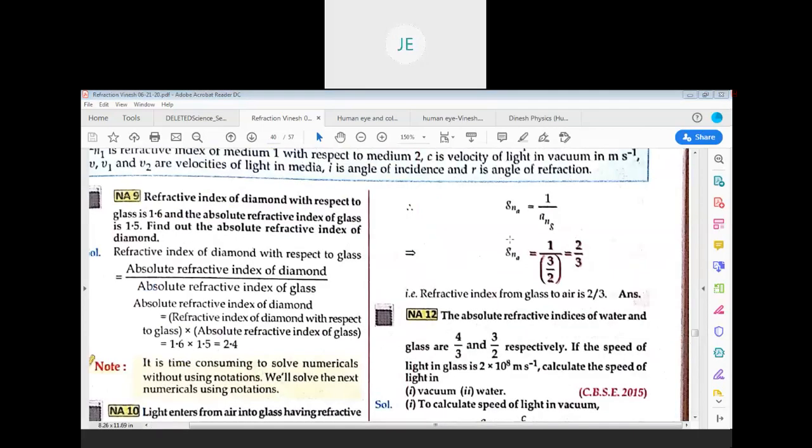Next, 12th. In vacuum, part 1: 3 into 10 to the power 8.